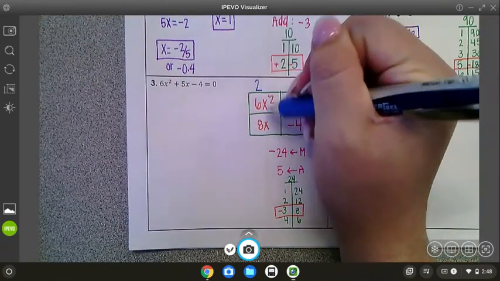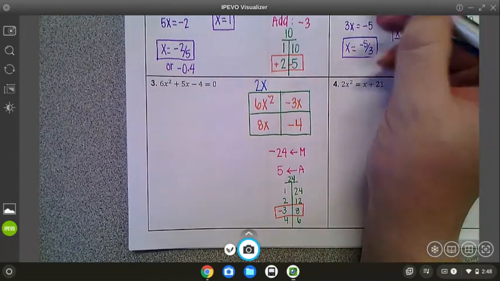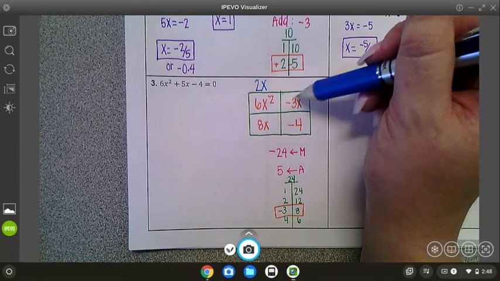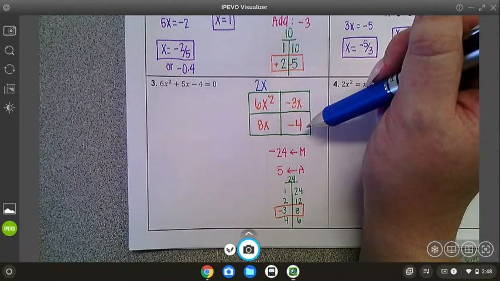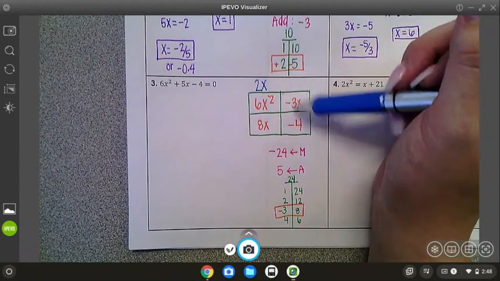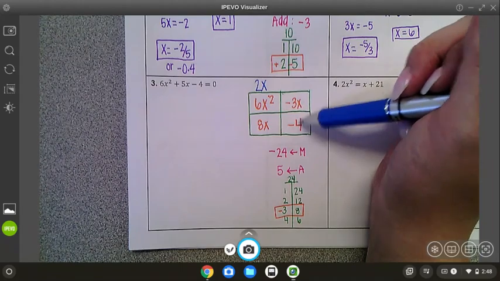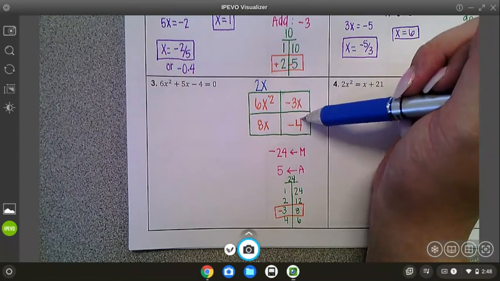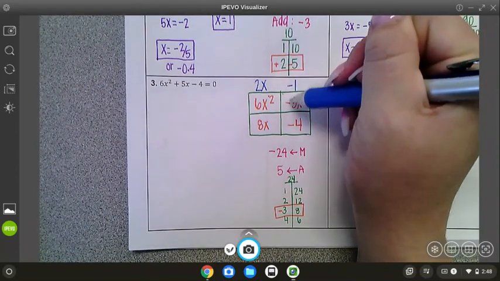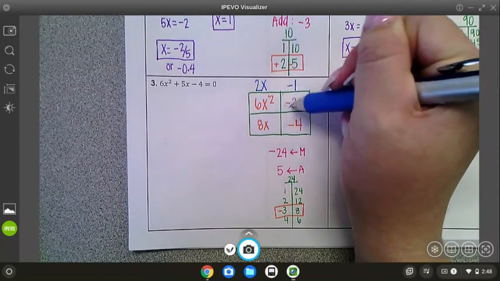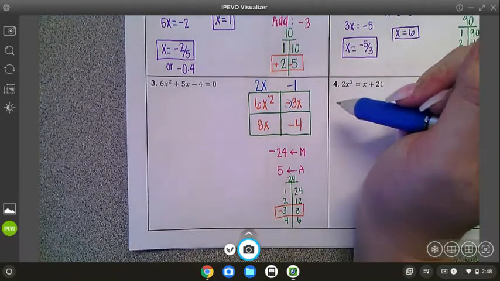And then x squared and x, they have an x in common. What about negative 3x and negative 4? Is there anything that we can divide 3 and 4 by? No. And they don't both have an x. So the only thing that I can pull out is going to be a negative 1. And it has to be negative because my first one in this column was negative.